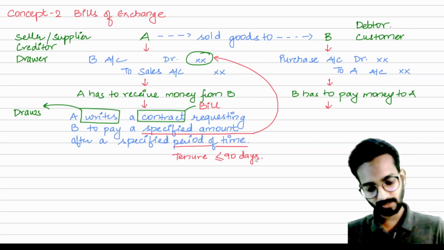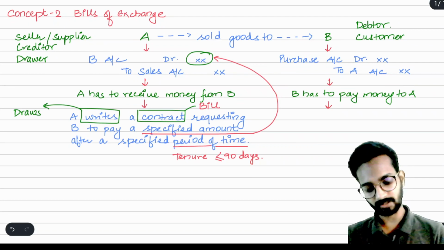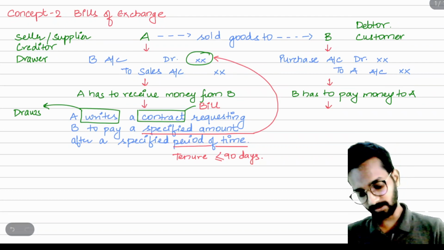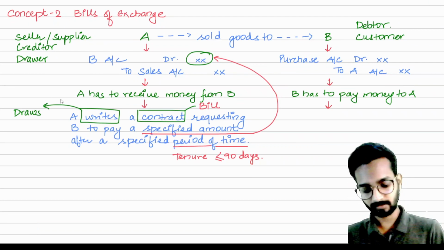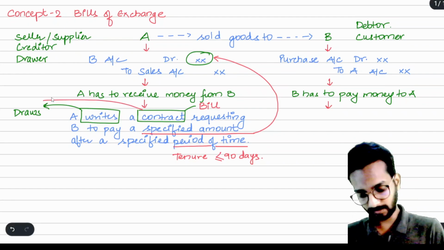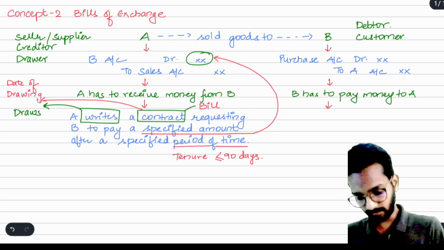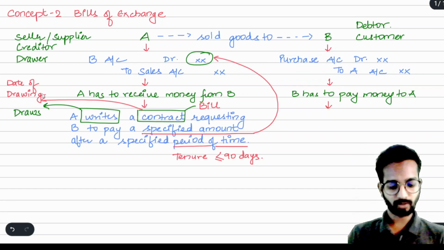Now, remember this, when you are writing the contract, A has to mention here in the contract the date of drawing the contract, or date of making the contract.